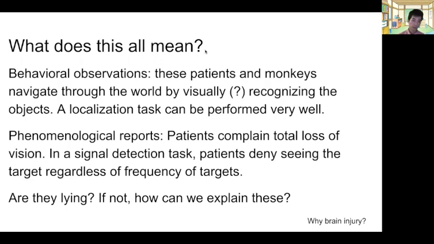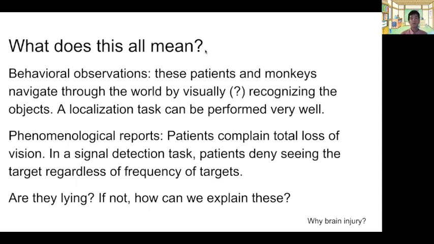In the case of the monkey, he was able to pick the food very accurately. Phenomenological report-wise, or when given a third option of not seeing the stimulus, patients as well as the monkey, which I didn't explain today, basically reported total loss of vision. In a signal detection task, they chose to report not seeing the stimulus, regardless of the frequency of the target stimulus in the blind field.